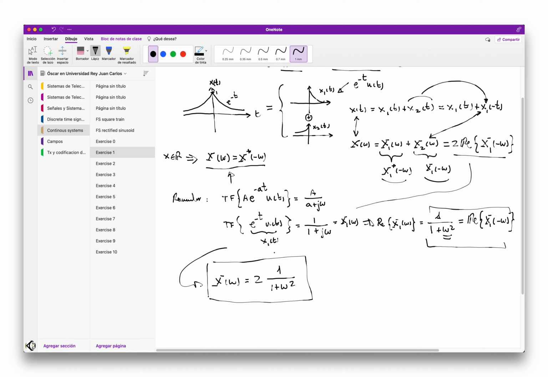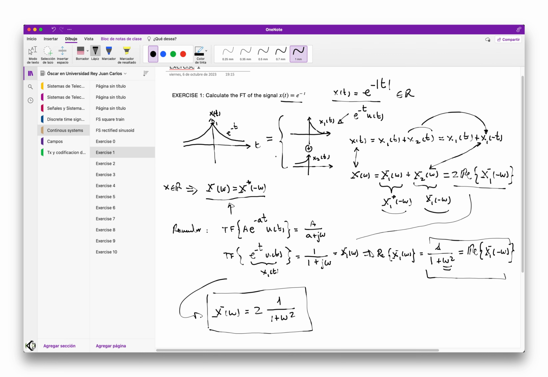I hope that it is clear. I think it's an interesting exercise because we had to put in place the symmetries. First, the Hermitian symmetry of the signal, which is the case because it is real. And then we put into place the fact that the Fourier transform of x of minus t is X of minus omega.